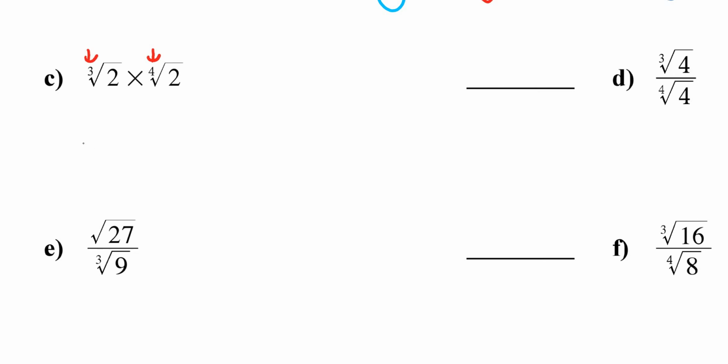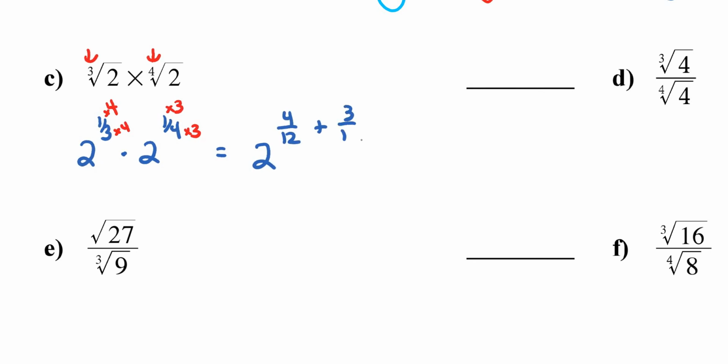If I have to write the first radical as a power, it would be 2 to the power of 1/3 times 2 to the power of 1 over 4. Okay, so now I need to make sure that I have the same denominators here. So I can multiply the first one by 4, and then I can multiply the second one by a 3. And if I do that, I get 2 to the power of 4 over 12 plus 3 over 12.